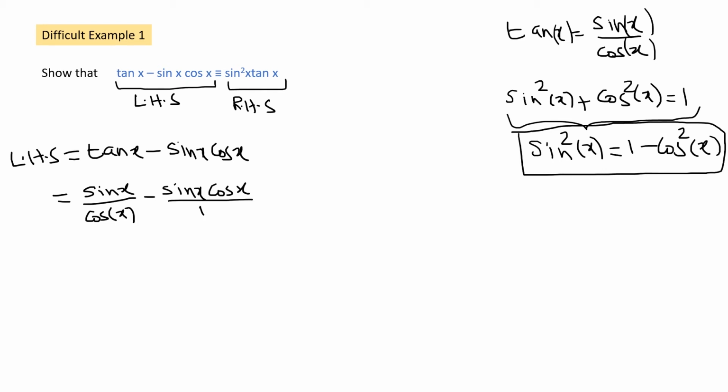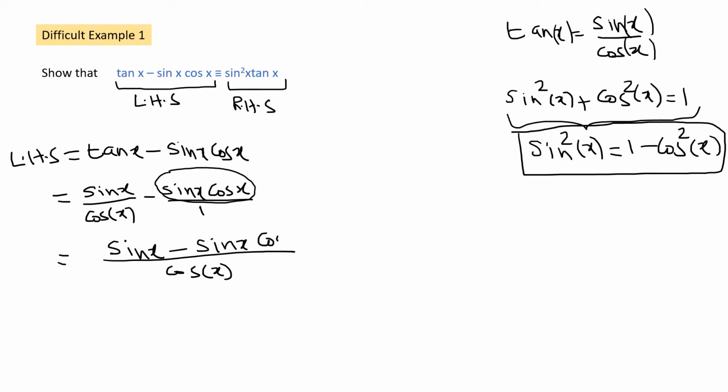I'm going to take a common denominator cos x. If I take cos x as a common denominator, the sin x will stay as sin x, but we need to multiply the second term by cos x. That would give you sin x cos x times cos x. Therefore, this is equal to sin x cos squared x.